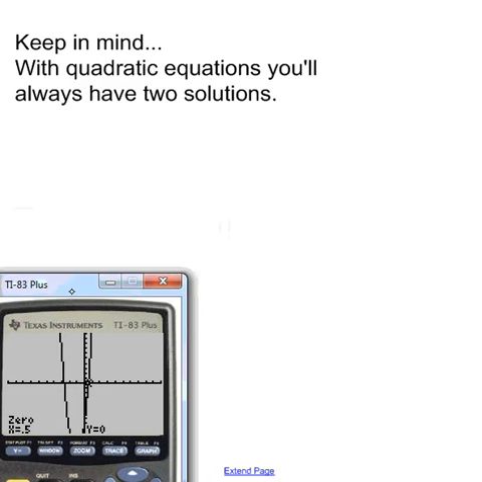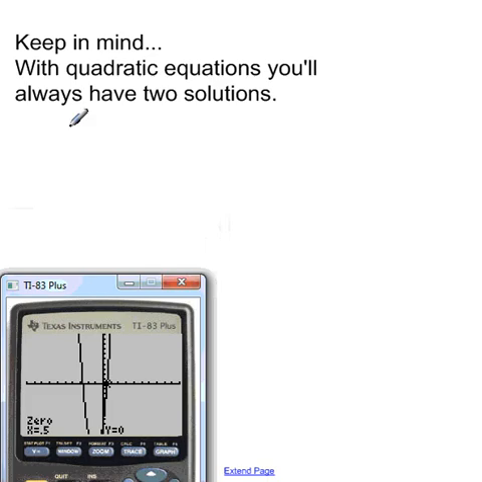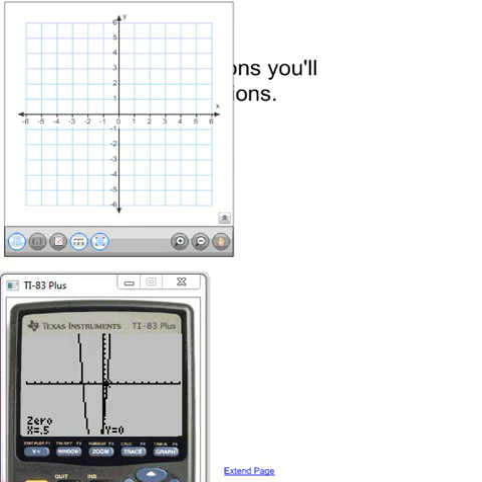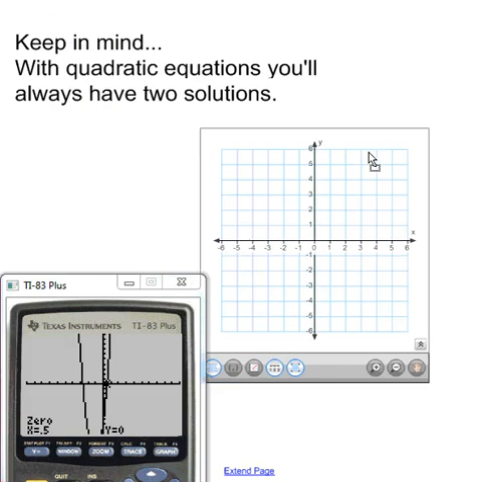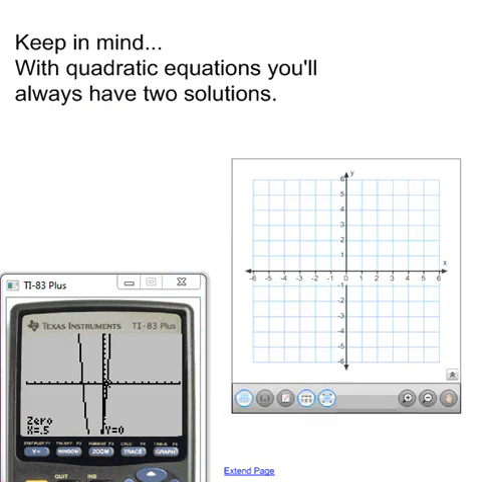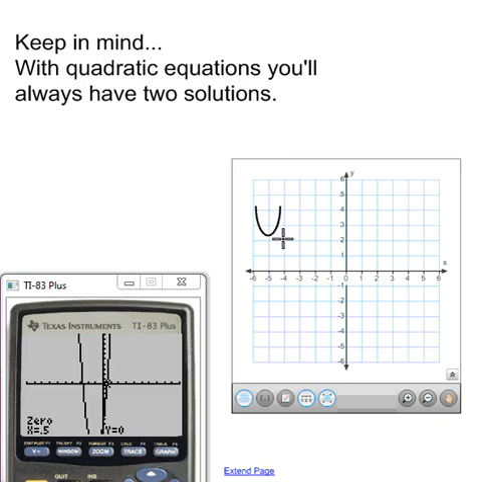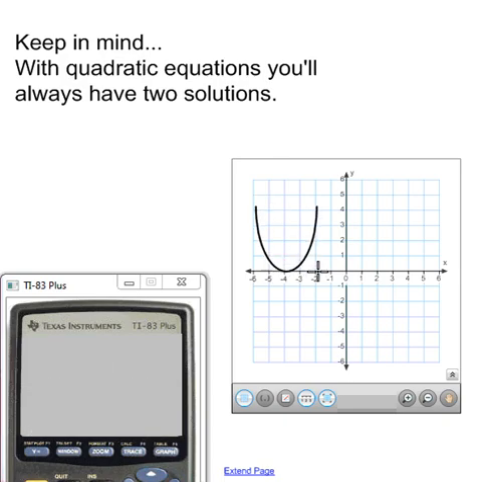Now, what happens when it only intersects the x-axis at 1 point? So for example, what happens when a parabola looks something like this? When it looks something like that, right?